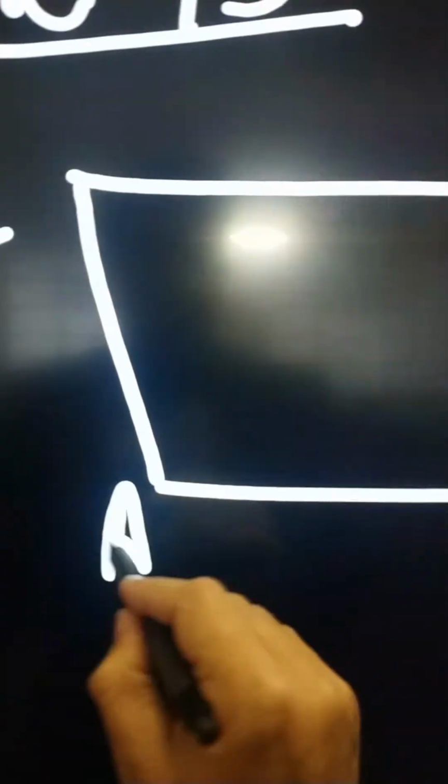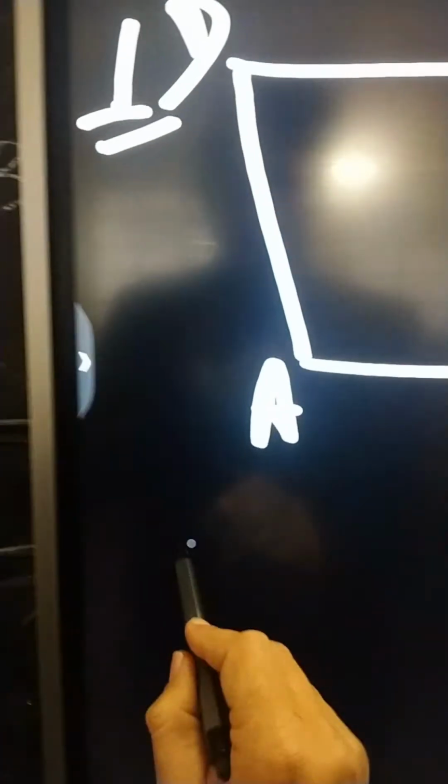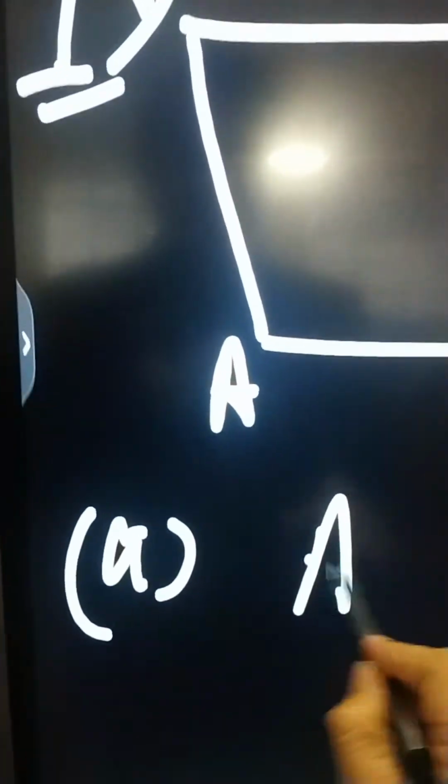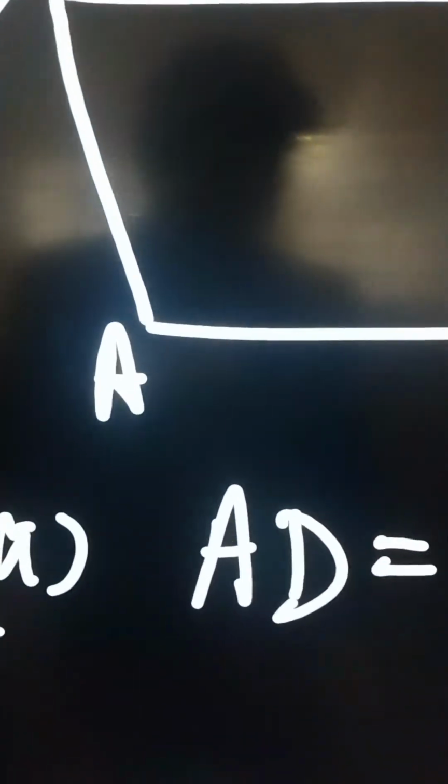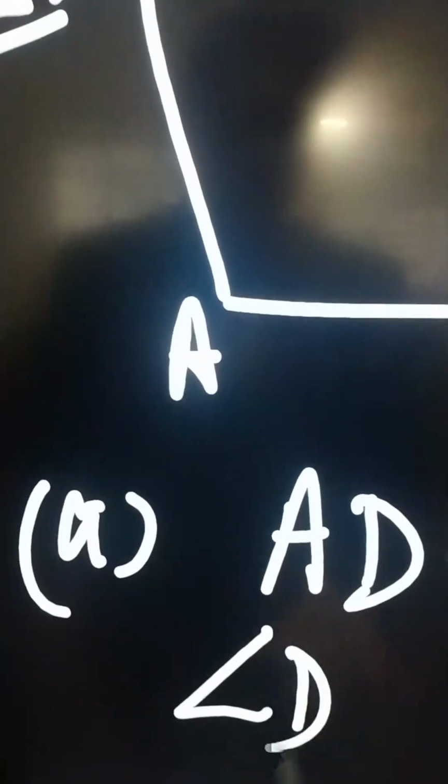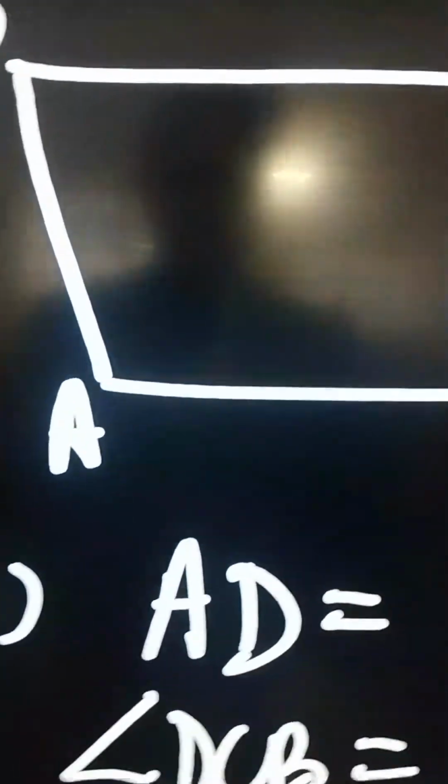It is written as a parallelogram. So they have already labeled it. Complete the following sentences. It is written A, B, C, D. And you have to write AD is equal to, and angle DCB is equal to.